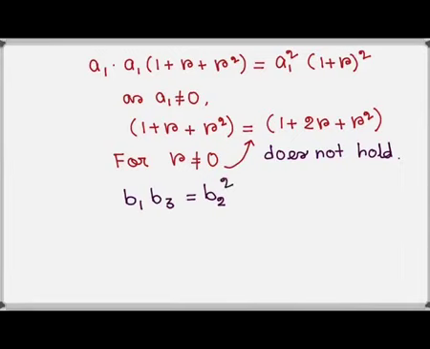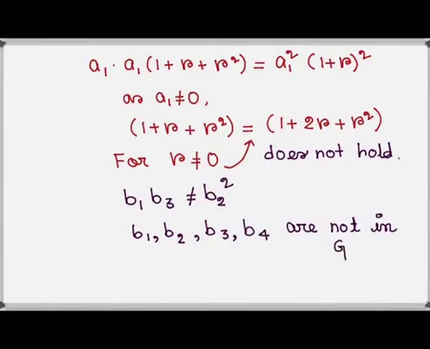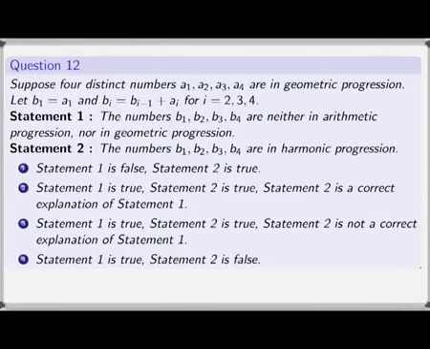That is, we have B1 into B3 is not equal to B2 square. So, B1, B2, B3 and B4 are not in geometric progression. So here our statement 1 is true. So we can immediately strike off option 1.